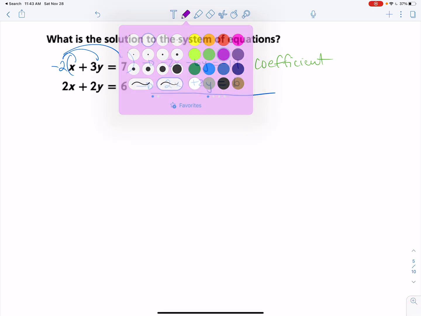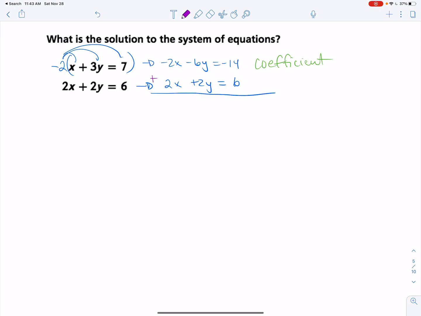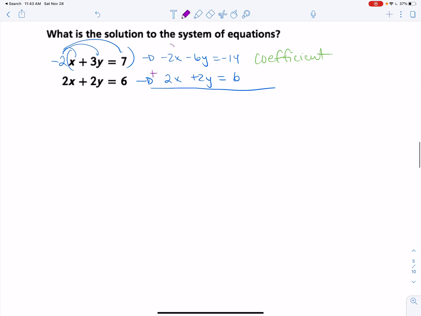I'm going to change my color because now I made same coefficients, just opposite signs, and they're going to deliberately cancel each other out. So negative 6 and 2 is a negative 4y, and negative 14 plus 6 is a negative 8. Divide by negative 4, y is a 2.